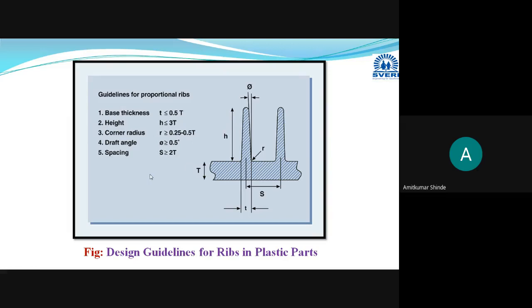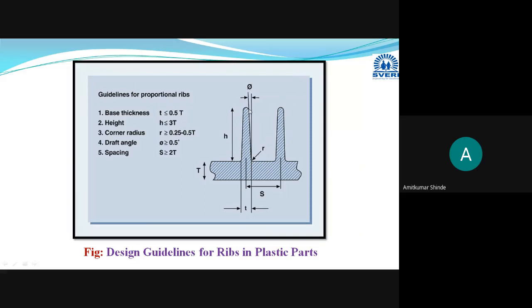So for easy removal of the molded parts, and for providing smoothness of the flow, it should have some taper. You have to provide some taper, and here a draft angle is provided, from half a degree to 3 or 4 degrees. This angle is indicated by phi.